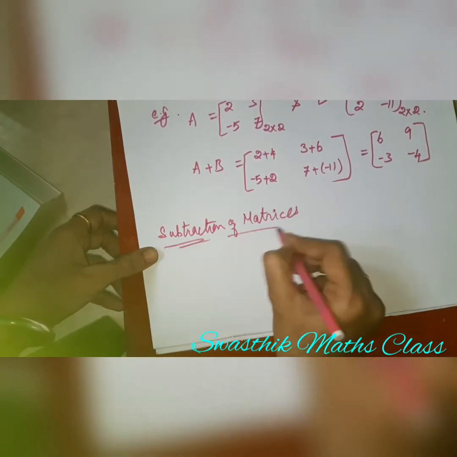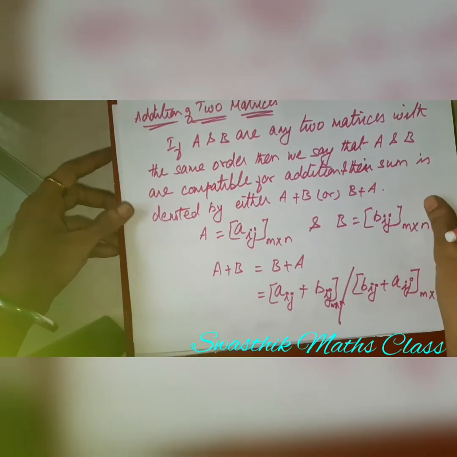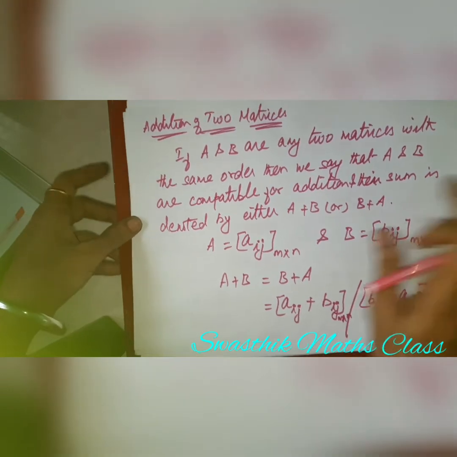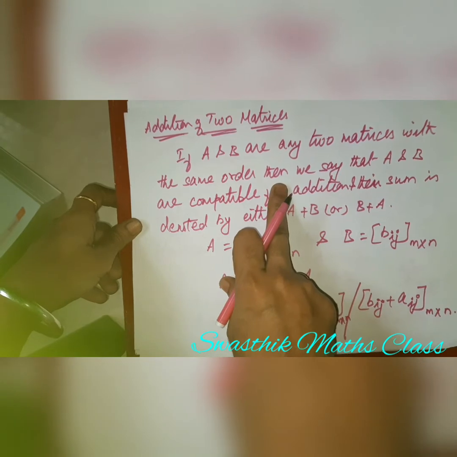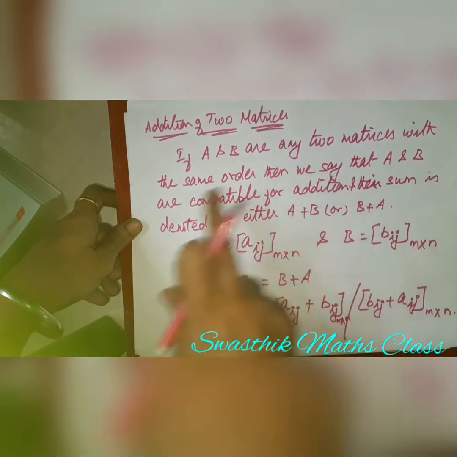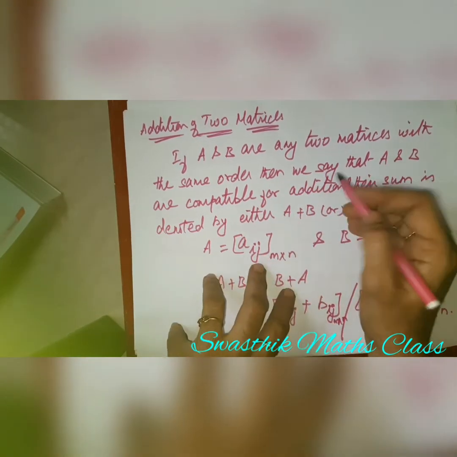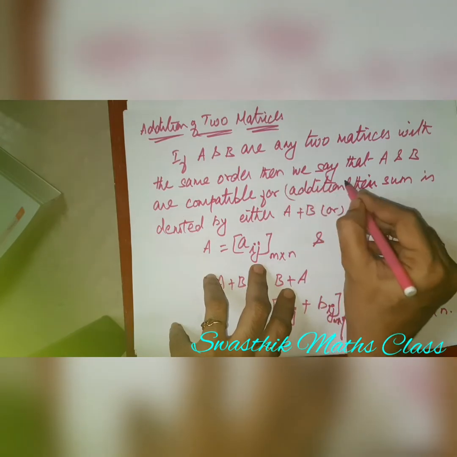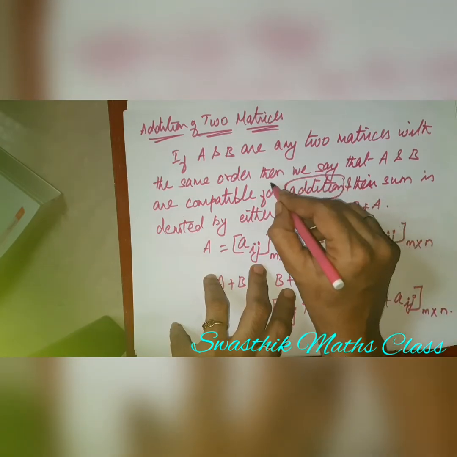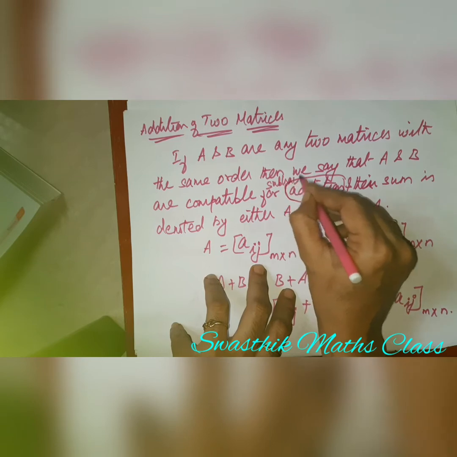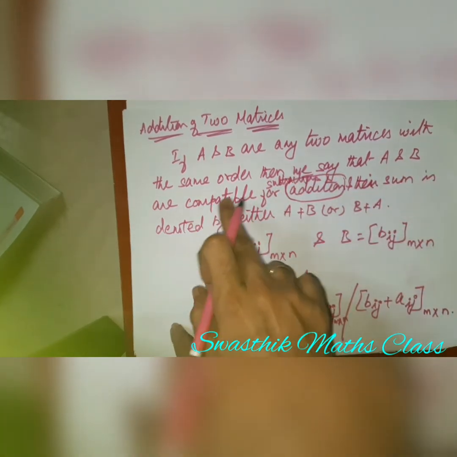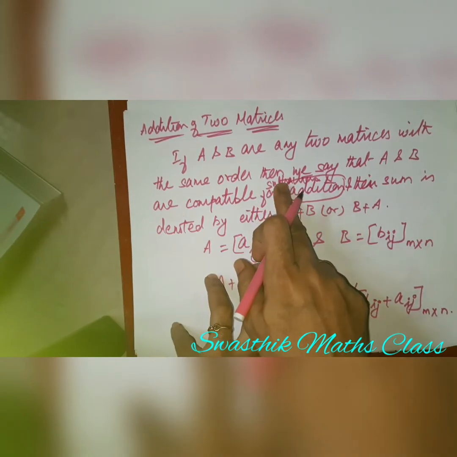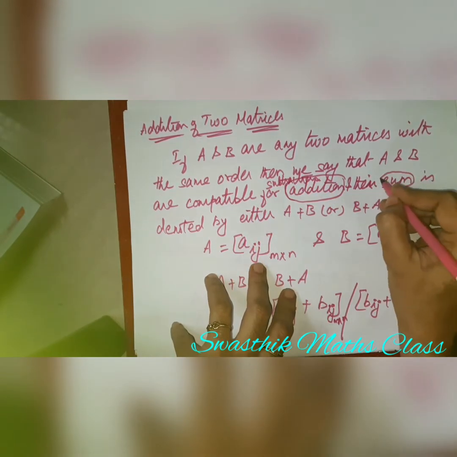So let us see the subtraction of two matrices. How to get that? In a similar way as addition, we can find the subtraction. If A and B are any two matrices with the same order, then A and B are compatible for subtraction, instead of addition.